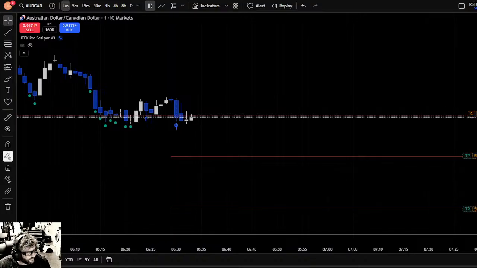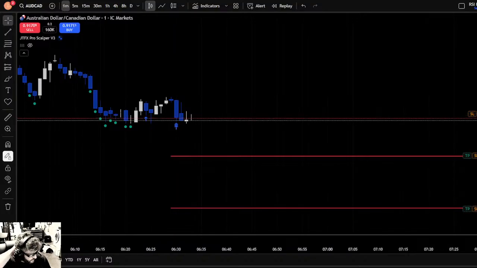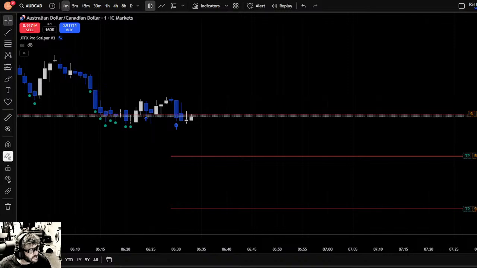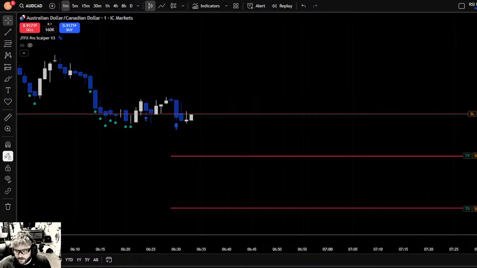Well, that's good to know. We have like an Australian dollar CPI thing coming out later today, so we probably don't want to be scalping at that time.